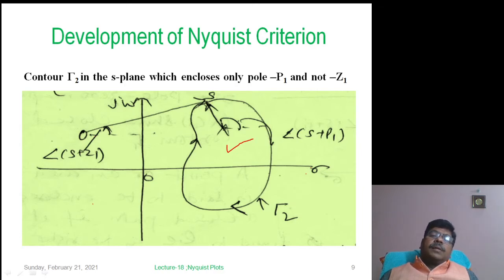So, while traveling in a clockwise direction like this, what would happen? The net angle subtended will be contributed only by this pole, not by this zero.